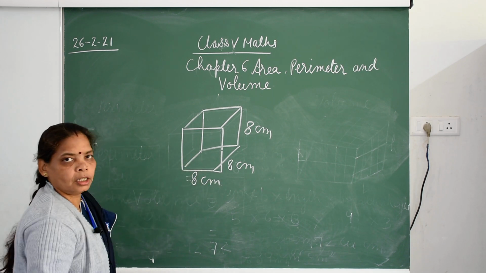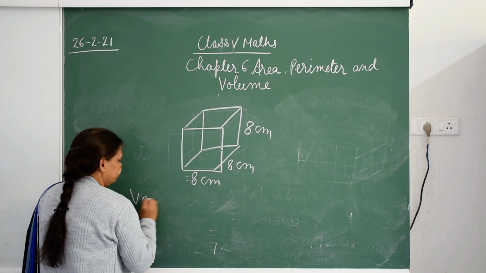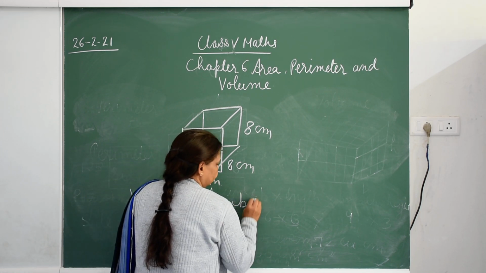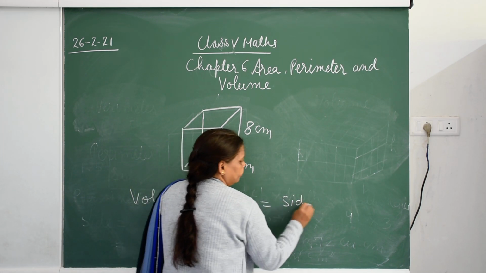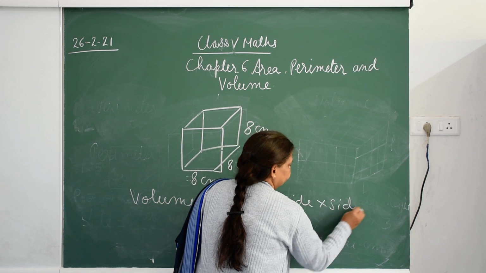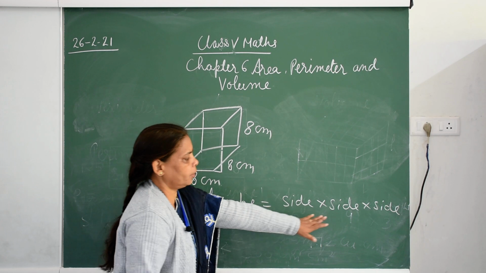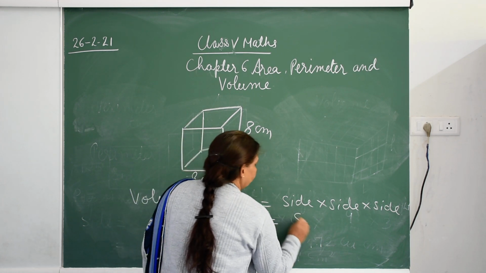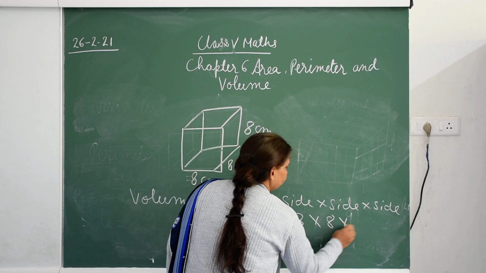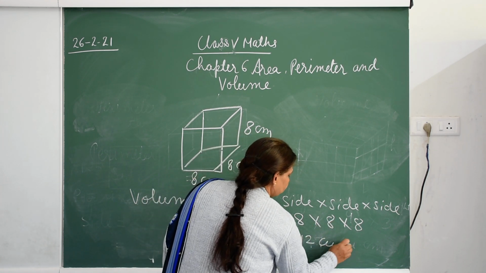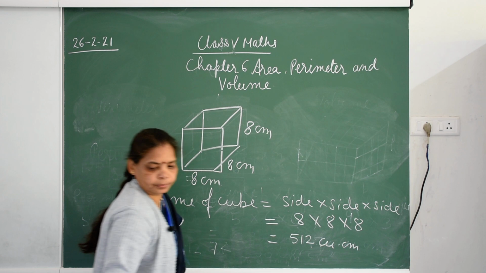All the sides are equal. So volume of cube is side into side into side, or you can say length into breadth into height. So 8 into 8 into 8 is equal to 512 cubic centimeter.